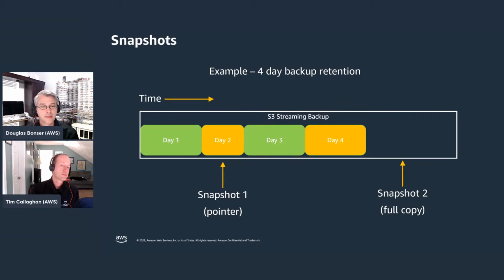But Doug just touched on snapshots. So we've got this streaming backup, and I turned that prior slide into something I think a little more obvious here. So let's say we have a server and we pick a 4-day backup retention. So in this box in the middle, let's pretend that's S3 to us, and time's going from left to right.